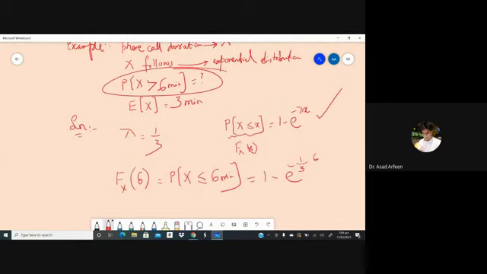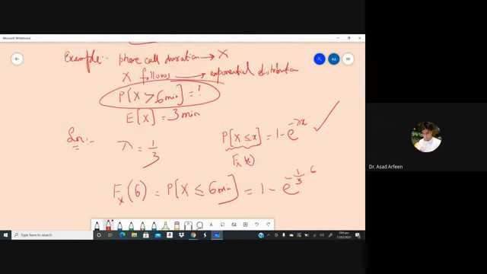So can anybody help me here? Are we finding the area under the curve? No, because the main formula of all distributions is just like this. This is called a CDF. The CDF gives you the probability that a random variable X is less than any given value. This small x is a given value and this capital X is a random variable.